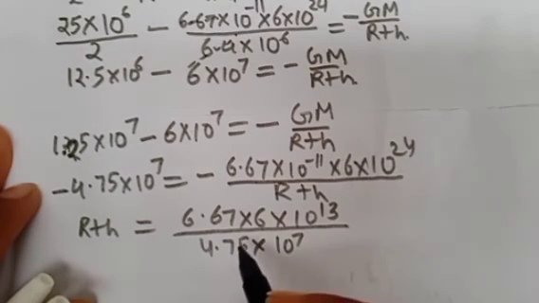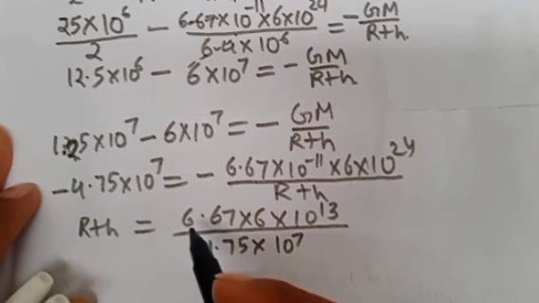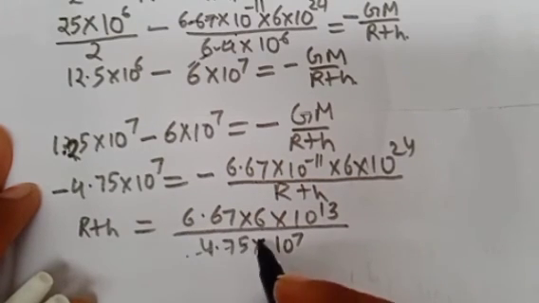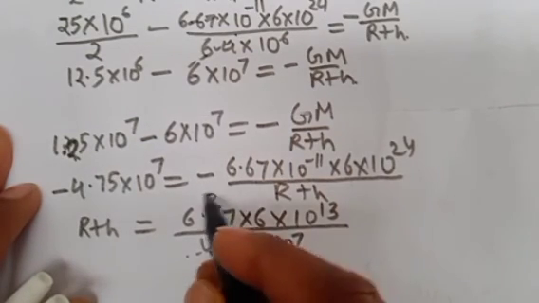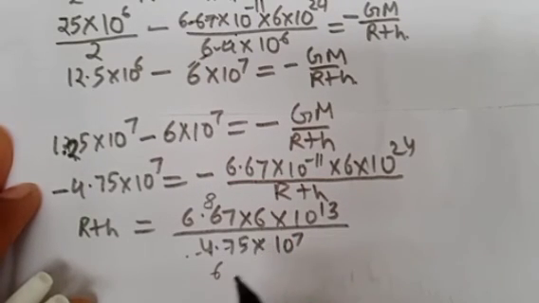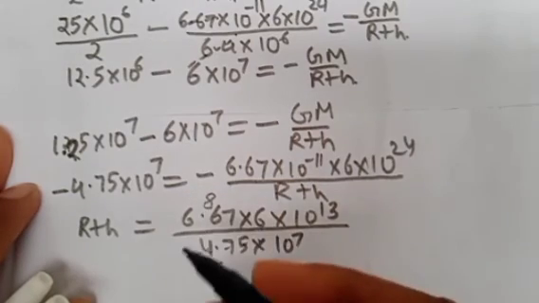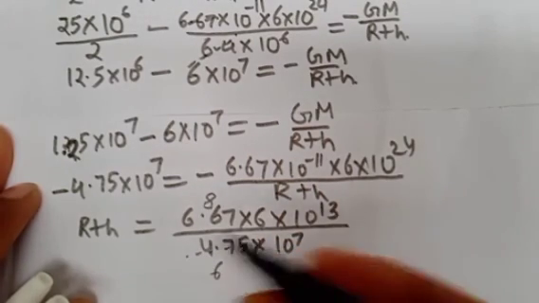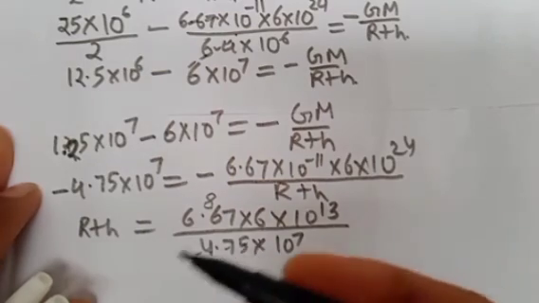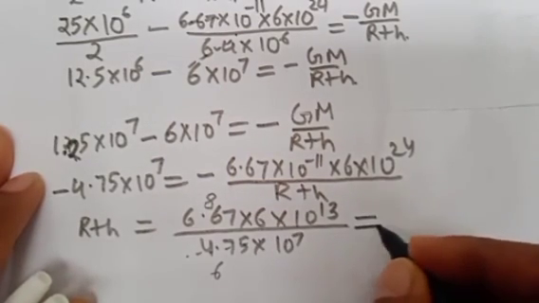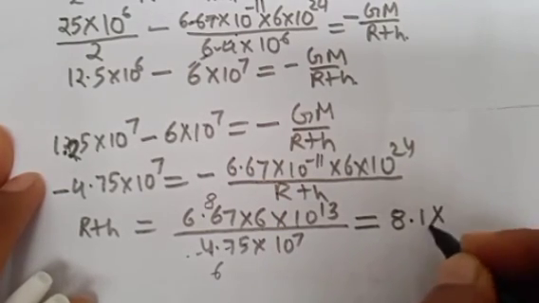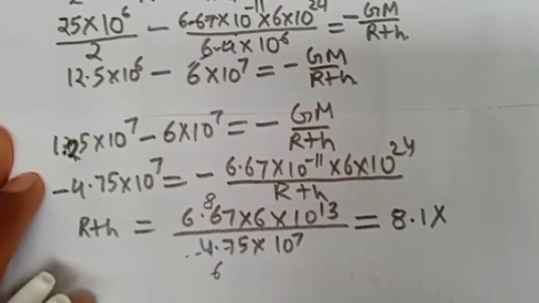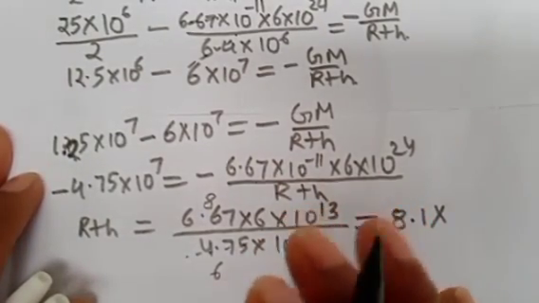Is there any more approximate calculation here? 6 into 8 is 48 approximately, 8 into 8 is 64 approximately. 6 will get cancelled, but it is not exactly 8, it can be 8.1 or 8.2 whatever, so I'm taking the risk. These are approximate calculations, it saves time. But if you have enough time in the exam, you can divide it.